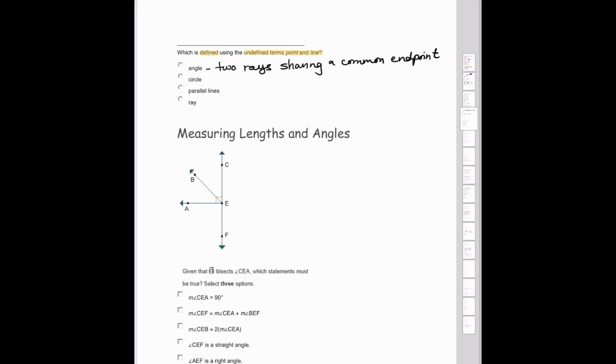Well, we know that this uses the word point, which is an undefined term, but instead of using the word line, it uses the word rays. Rays is not an undefined term, therefore we can cross that out.